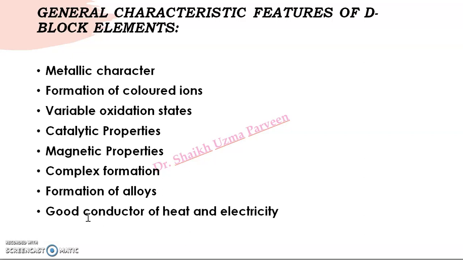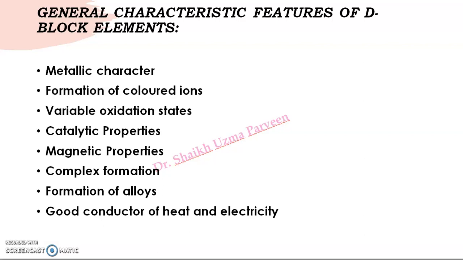On this basis there are two main types of substances: paramagnetic and diamagnetic. The paramagnetic character arises because of the presence of unpaired electrons.